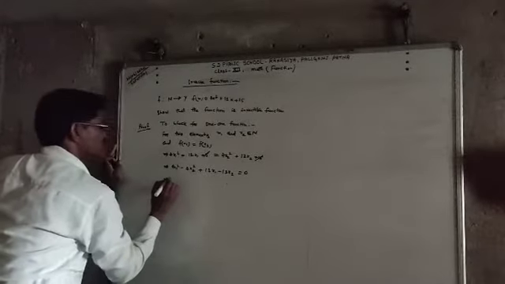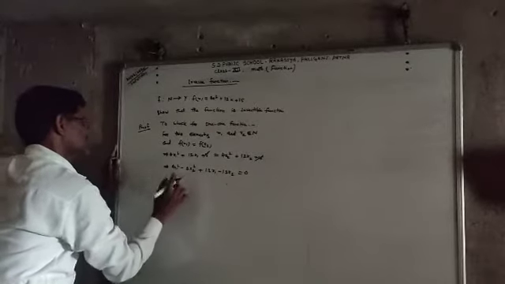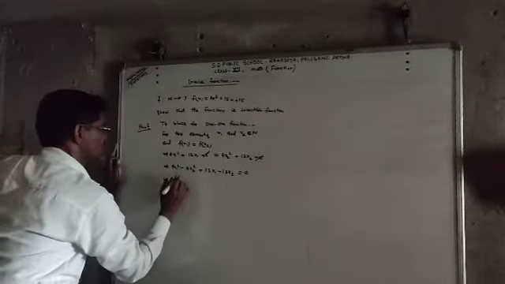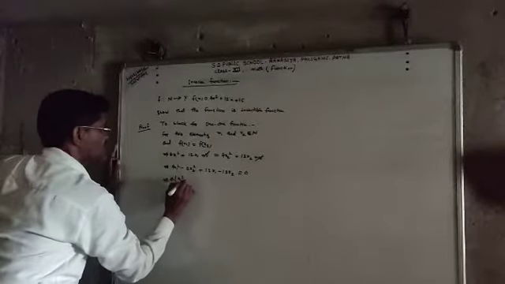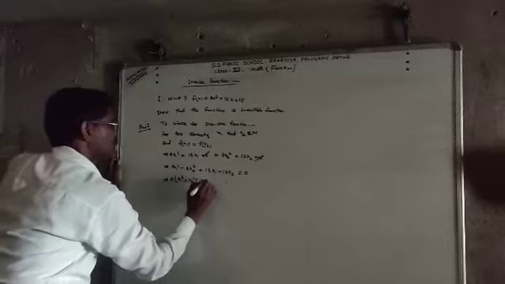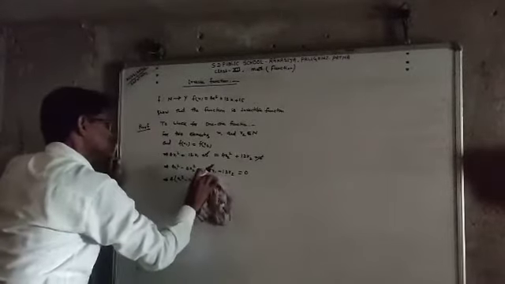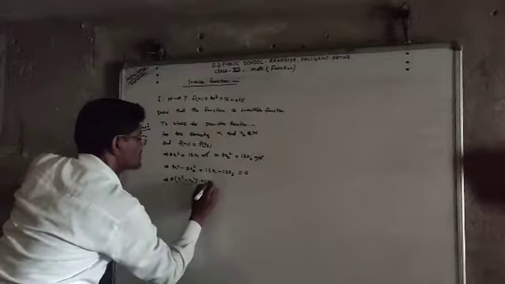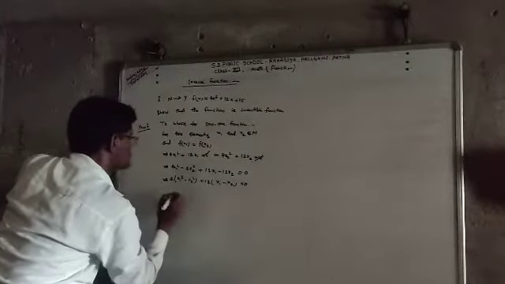This implies we can take common factors from the first two terms, 4 is common, so x1 squared minus x2 squared, plus 12 is common from the second two terms, x1 minus x2, equal to 0.